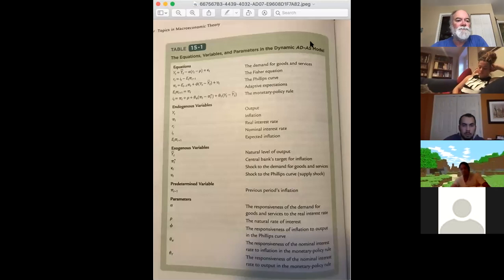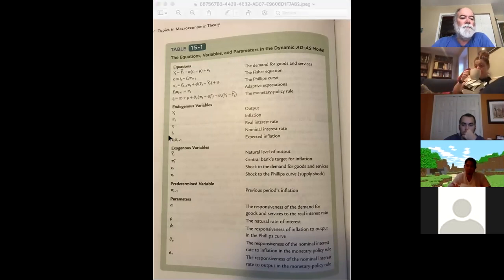Here it is. Okay, table 15.1. It's a whole page long, but really the meat of the model is right here in the equations. These are just definitions, everything else down there. All right. Now, going from there back to the PowerPoint.